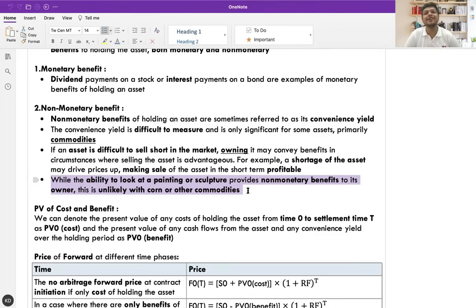But if I tell you, having a derivative contract on that painting or physically having that painting, what is better? Of course, having it physically is much better. So if I were in the place of that Saudi prince, I would also take a derivative contract on that painting and do it in the futures market.